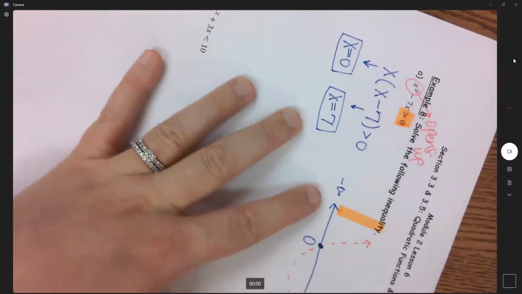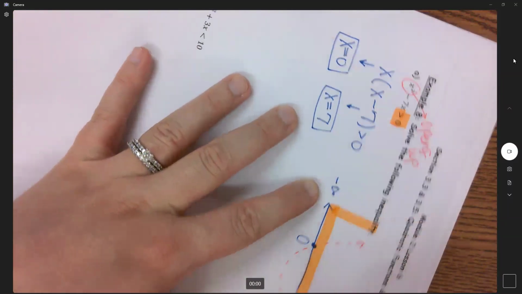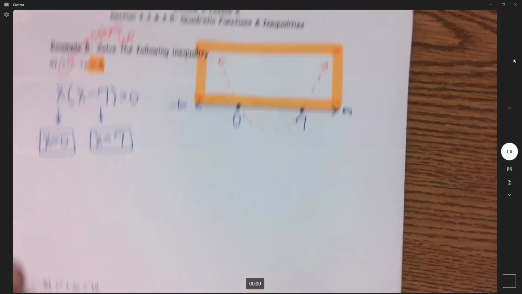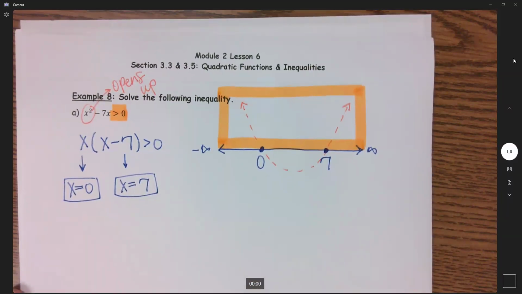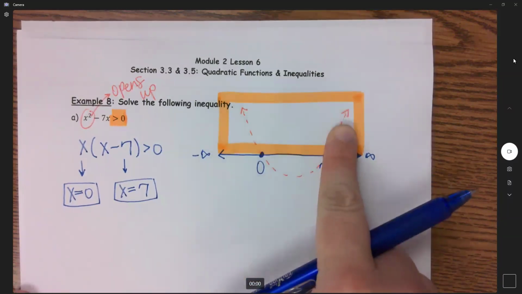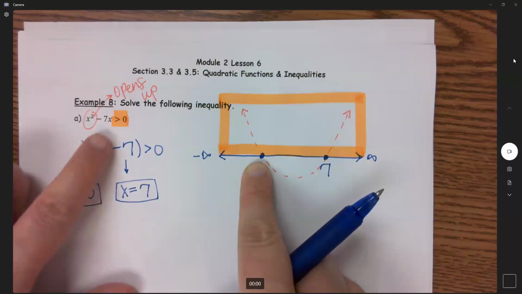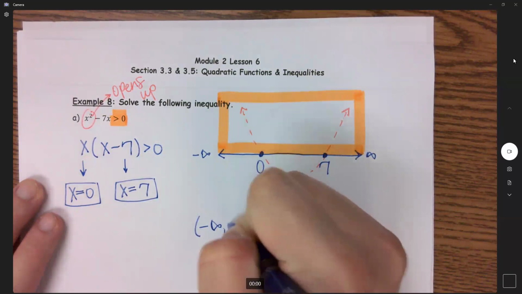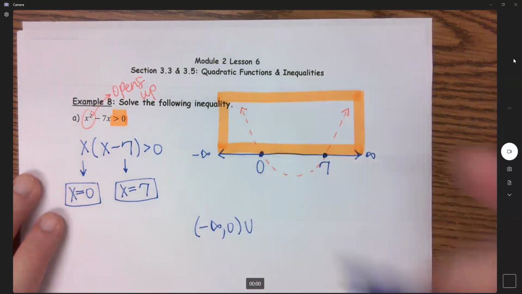I'm going to make sure I don't touch that x-axis again or cross it. We're talking about this portion of my graph. This is where my y is greater than 0. So we have two different sections here. This section over here is negative infinity to 0 with a parenthesis. And then the union, 7 to infinity.